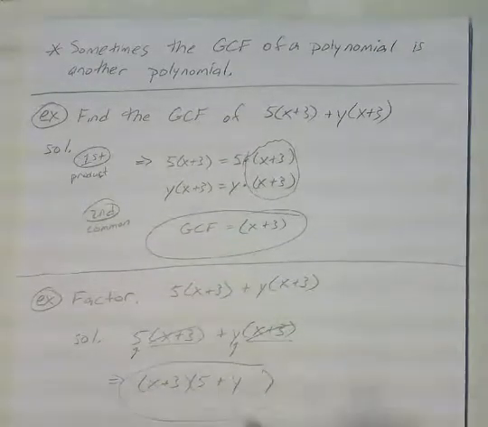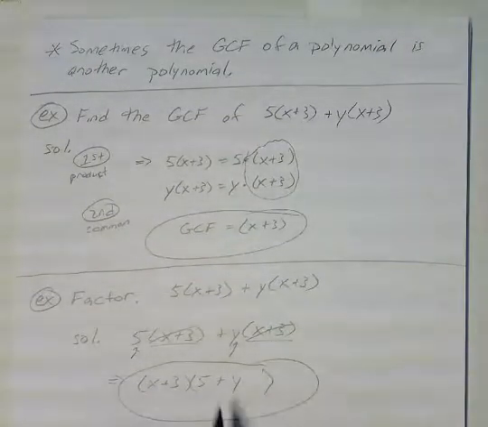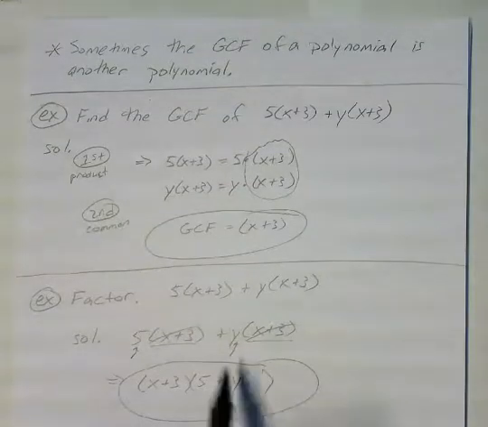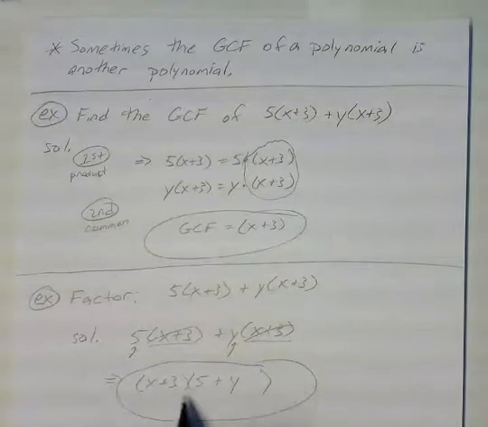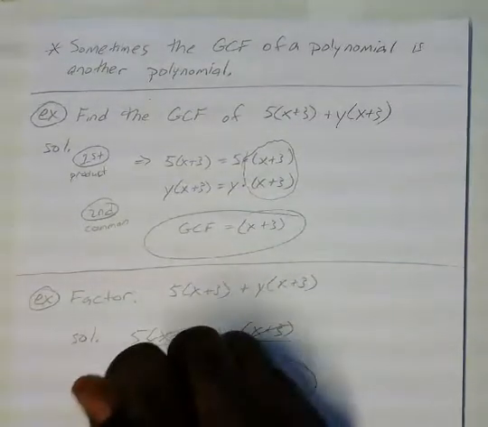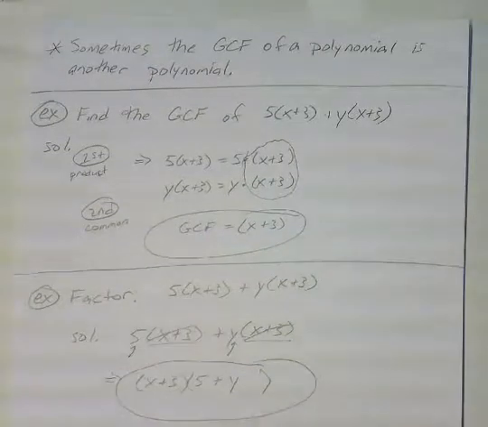And that's your factor. If you did the FOIL method, and then distribute, you'd end up with the same answer. Okay, so that one's pretty straightforward.